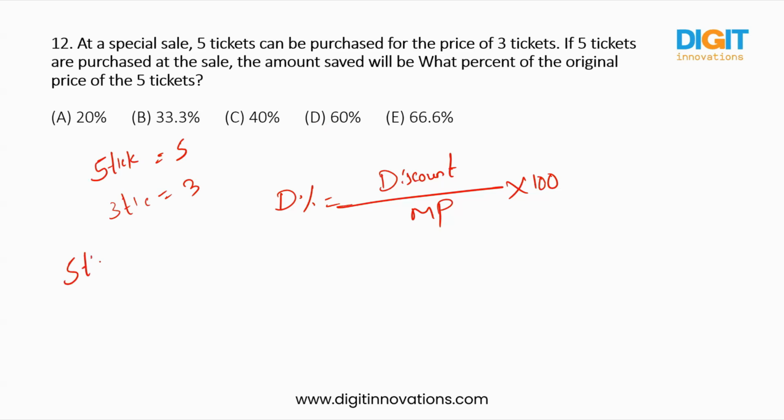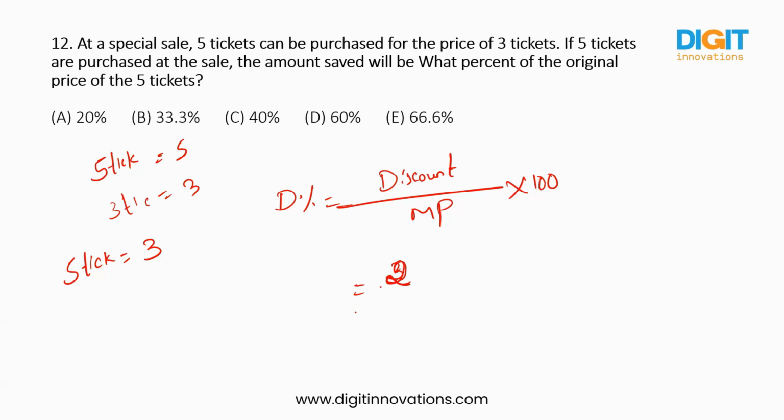So that means 2 tickets you're getting for free. Free is nothing but discount only, right? So how much discount are you getting here? It is 2 rupees only. You got 2 rupees discount.